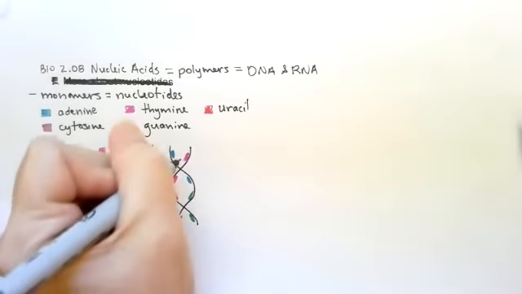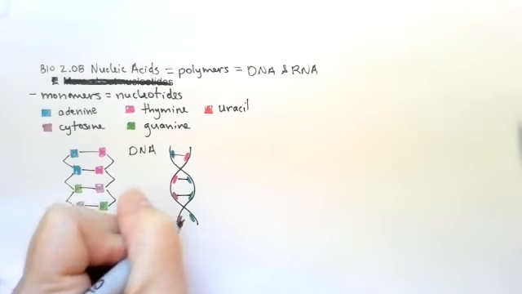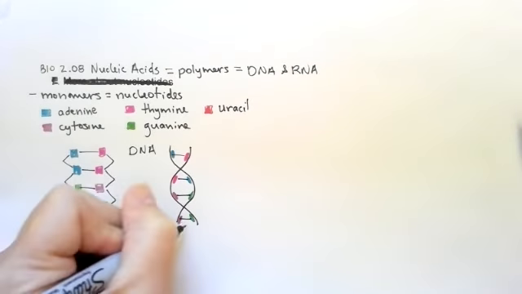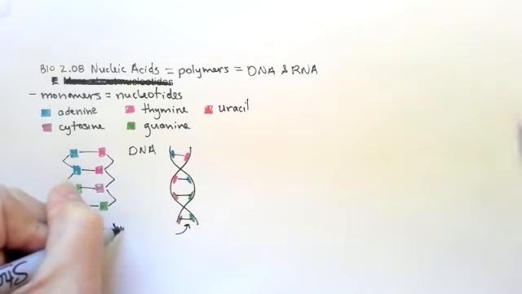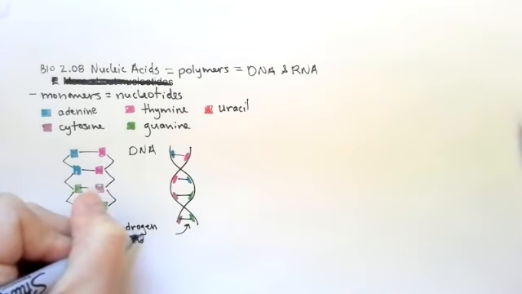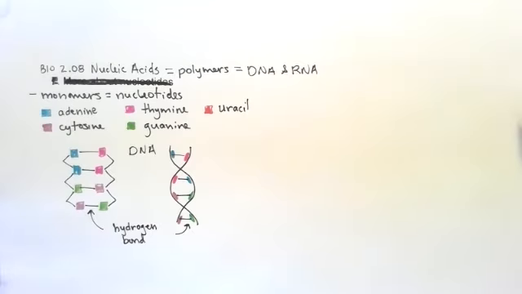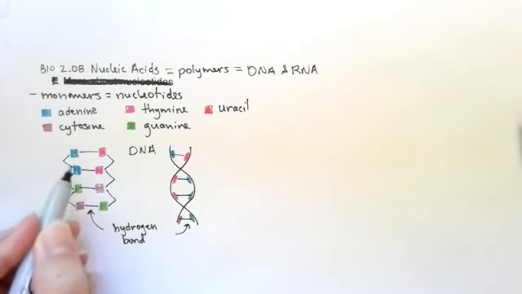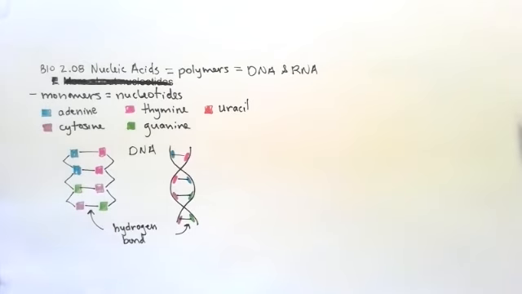They're going to be linked across like this. This bond that connects them here and here is a special bond called a hydrogen bond. So nucleotide is hooked to nucleotide through hydrogen bonds. So here's my monomer, monomer, monomer, monomer, monomer. And these all come together to form this polymer that's DNA.